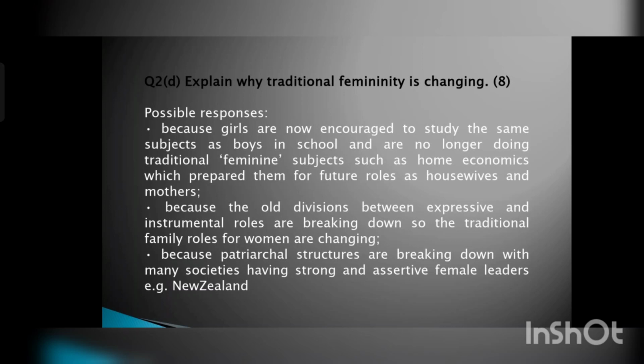Because patriarchal structures are breaking down, with many societies having strong and assertive female leaders, example New Zealand. So there are various countries in which now the leading posts are taken over by females.